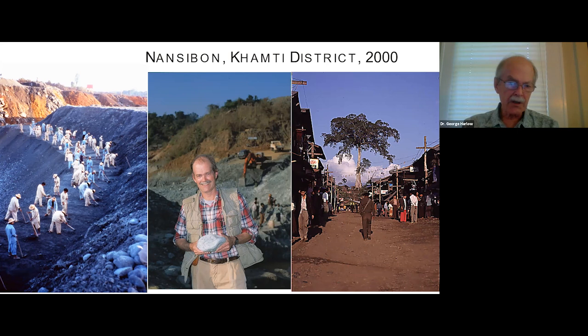And then they stick them in this milk can over here. Here I am holding a block that we were able to purchase on site at the locality. And over on the right-hand side is the town of Nansibon, which is essentially just a jade town. It's the only business there is for harvesting jade.